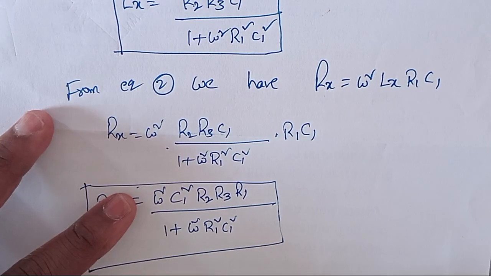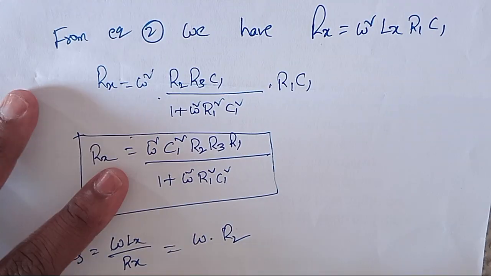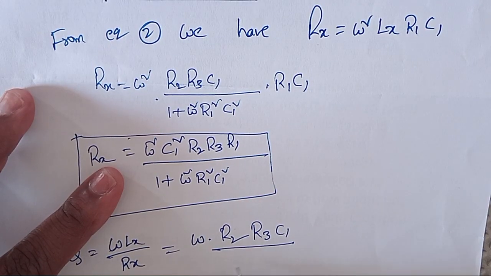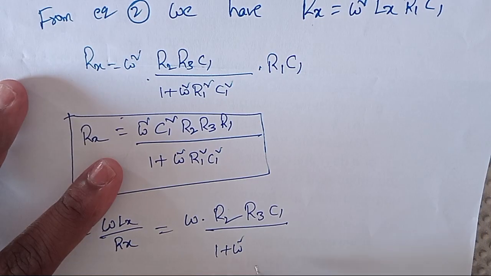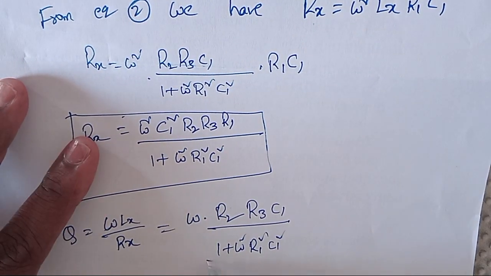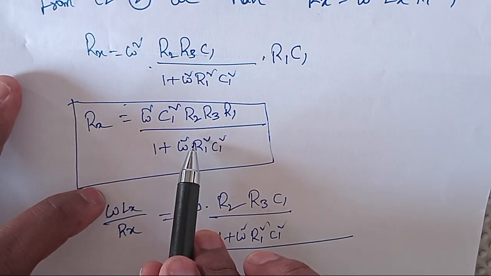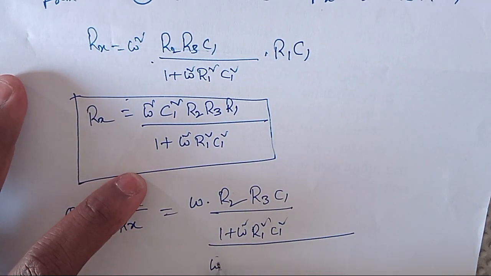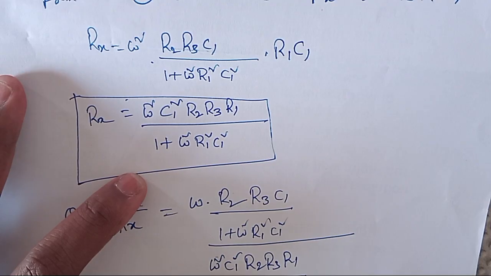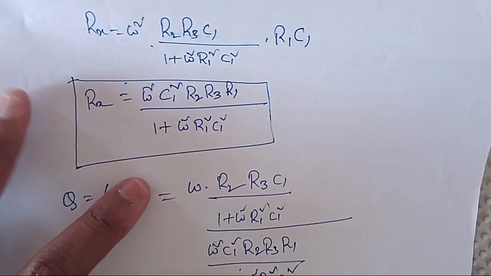R2 R3 C1 by 1 plus ω² R1² C1², divided by the Rx value, which is ω² C1² R2 R3 R1 by 1 plus ω² R1² C1².